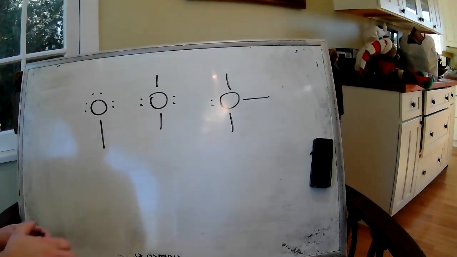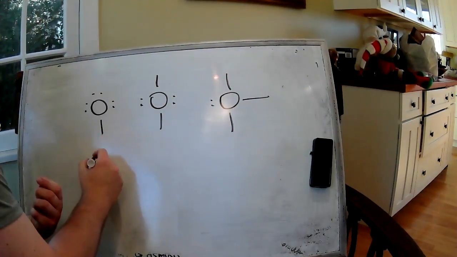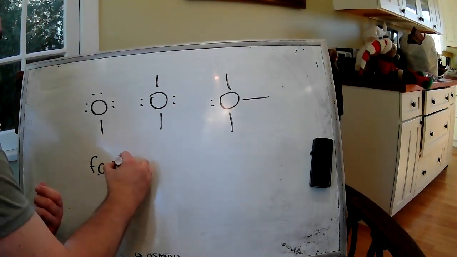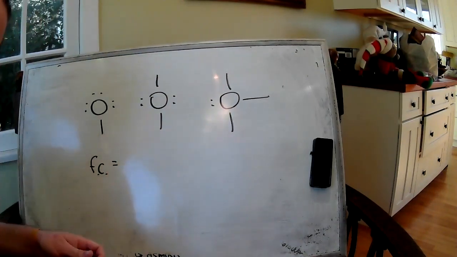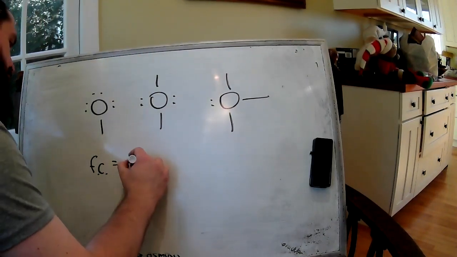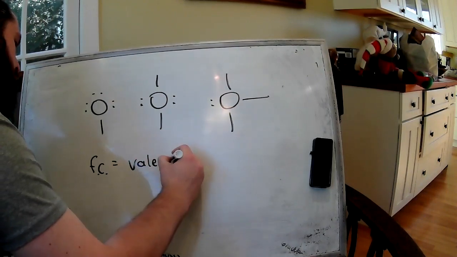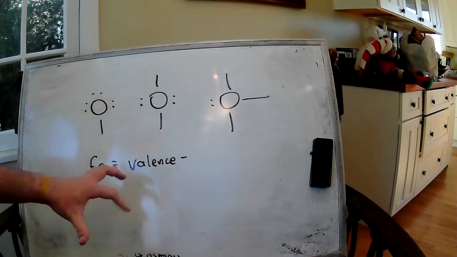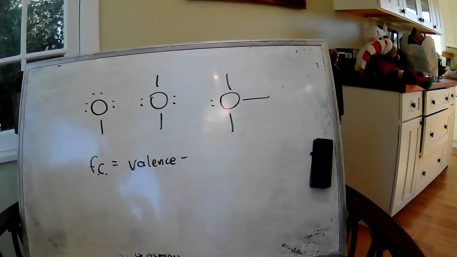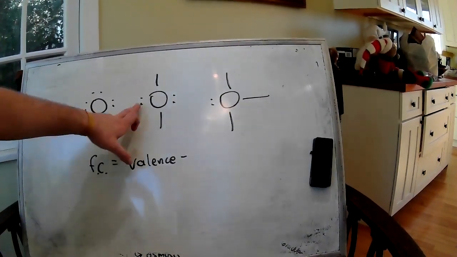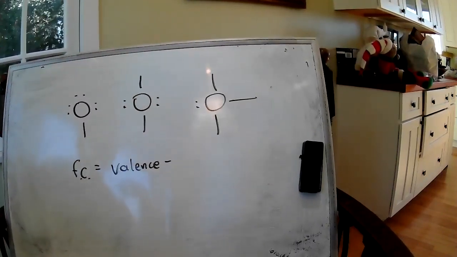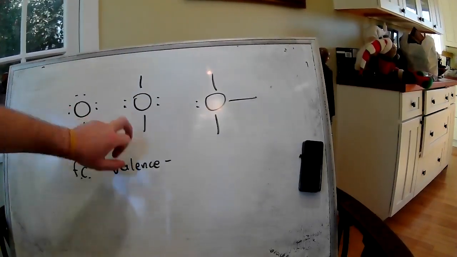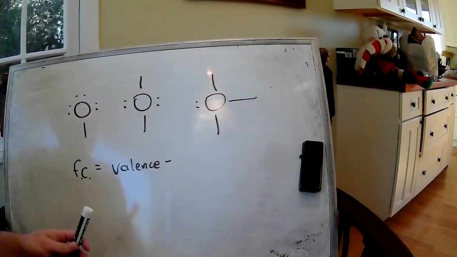Formal charge is calculated as an element's valence electron number minus, and this is where they come in with a few different formulas, a lot of them will say minus the bonding electrons and minus the non-bonding electrons and 1/2 of the bonding electrons.